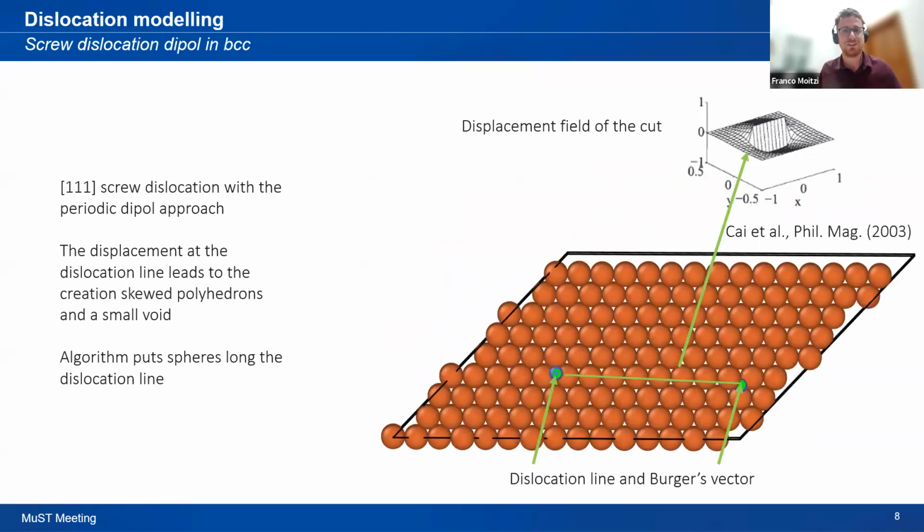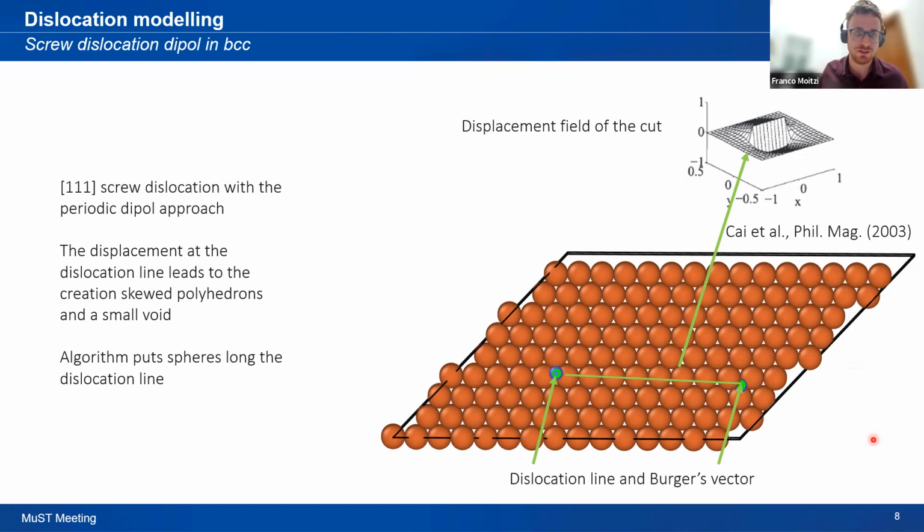The next thing is actually my calculations. It's about modeling dislocations with KKR methods. Dislocations are line defects in crystals, and they are effectively modeled by a so-called elastically balanced dipole approach.